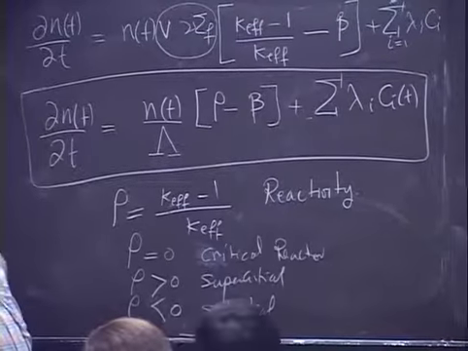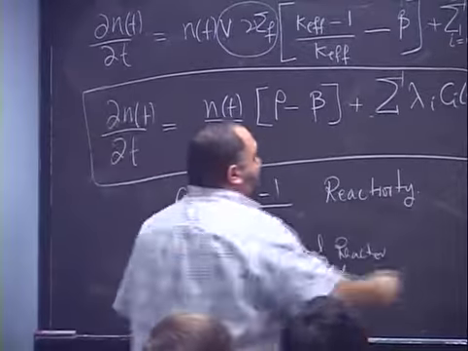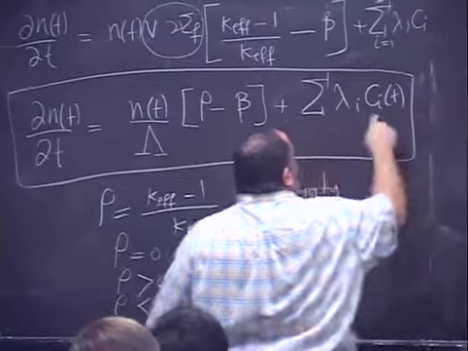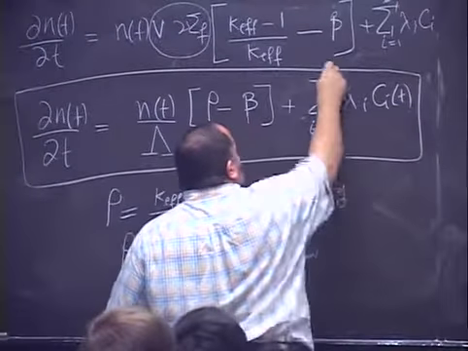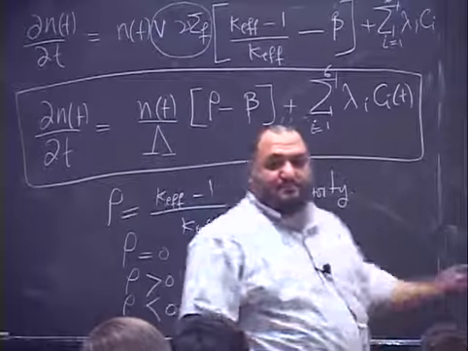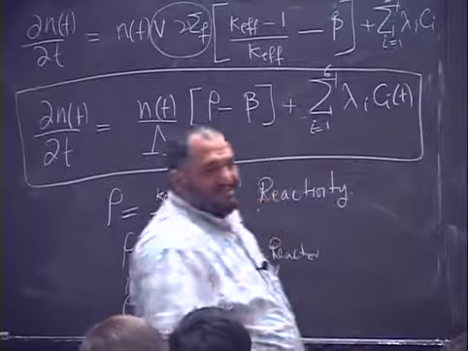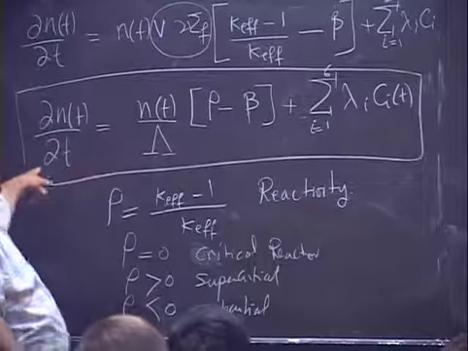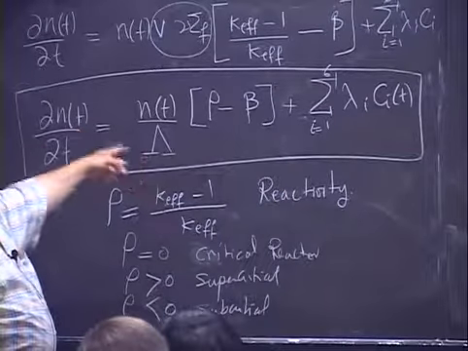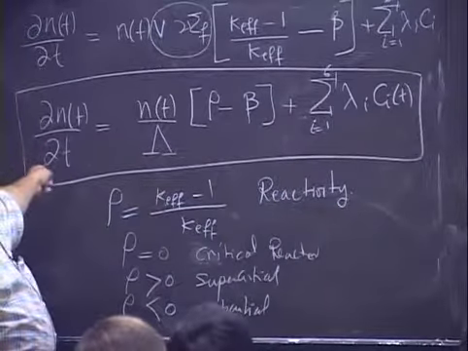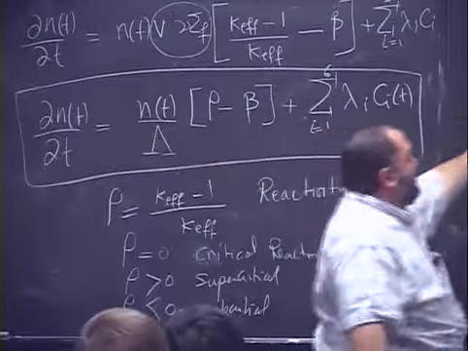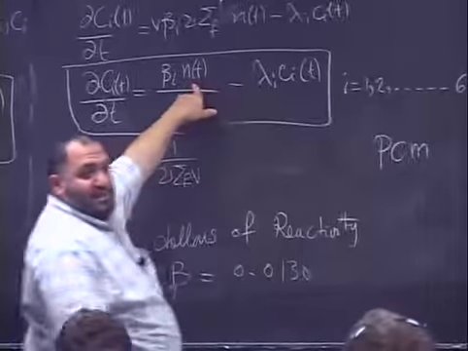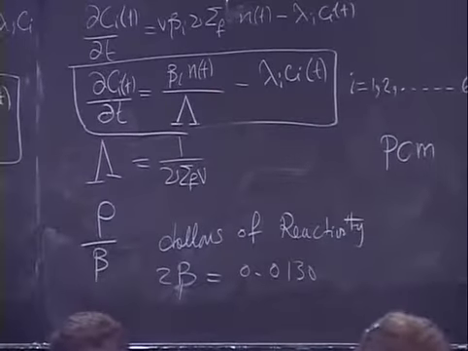Why are they coupled? Because C of I here and C of I where? Here. Yes? So you have to know what C of I is so that you will plug in C of I here and get what? N of I. And in order to solve for C of I here, you have to know what? N of I, then you have to know N of I here.